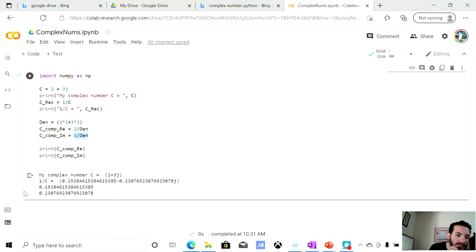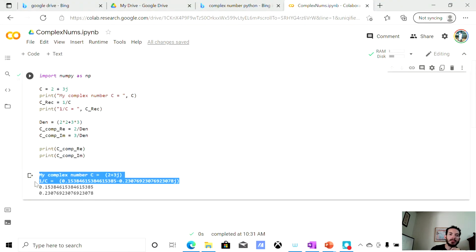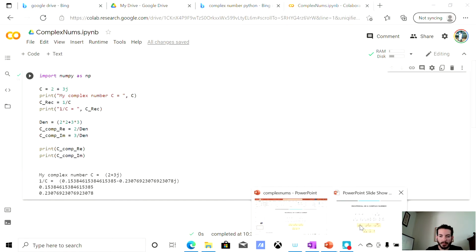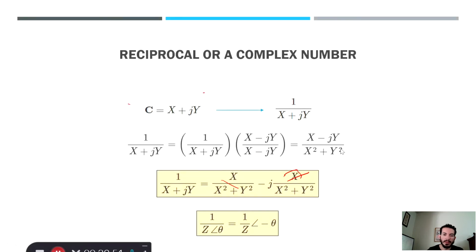So this is going to be simply 0.153 real and negative 0.2307 imaginary, which is what we get if we use Python's computations. Okay, so you can use your calculator. Your calculator will definitely do this, or you can use Python in Google Colab. Okay, let's move on to the next one.